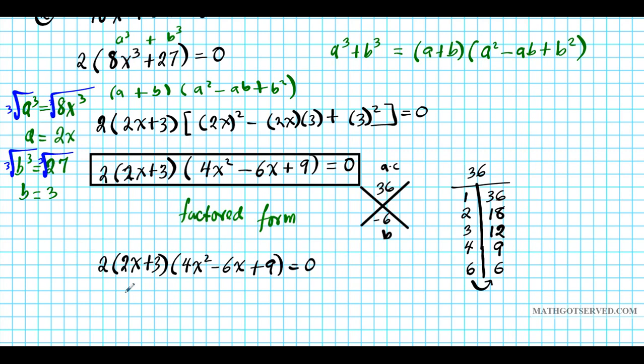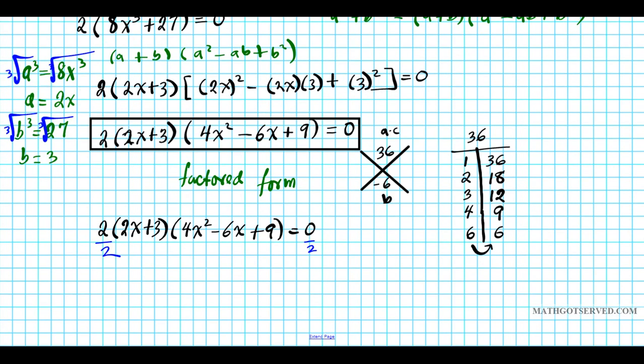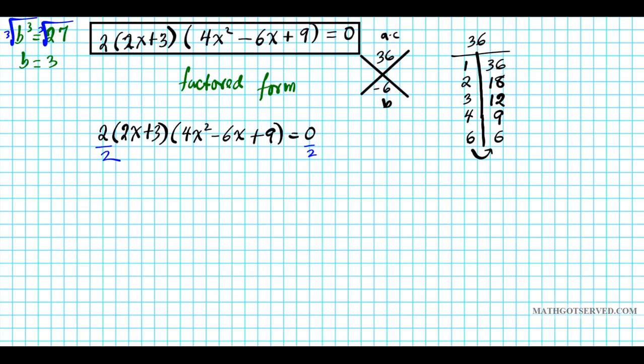Anytime you have a constant factored out, you can divide both sides of the equation by that constant. So I can divide by 2 and divide by 2, so that constant drops off. The reason I'm dividing by 2 and simplifying the equation is to make the problem solving process easier. If it's possible to reduce your polynomial equation, you always want to do that.